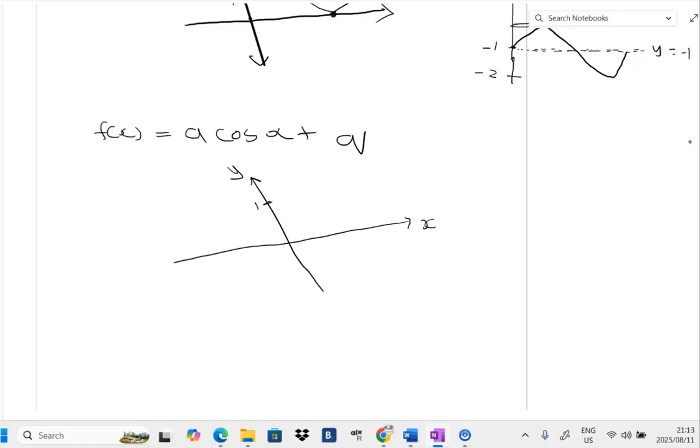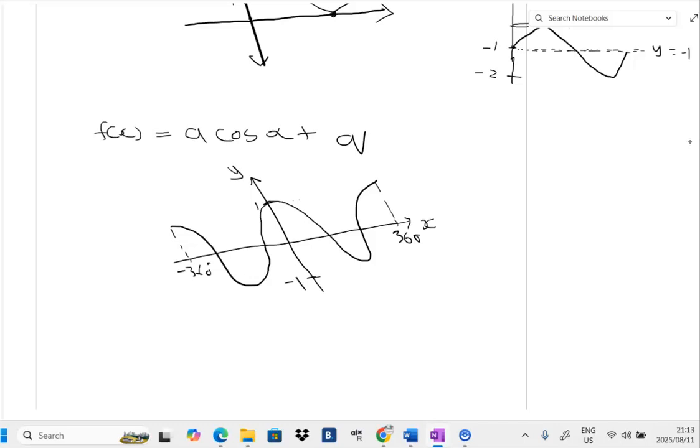Let's say it starts from 1. You're going to have something like this ending at 360. So from this side also you're going to have something like this ending at -360 degrees. The minimum is -1 and the maximum is 1, right?